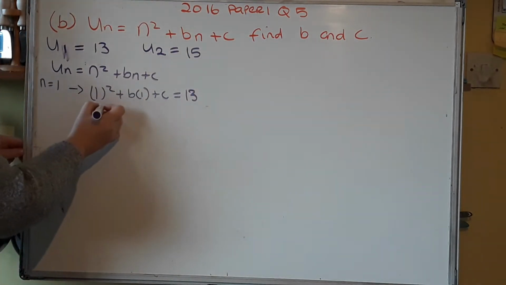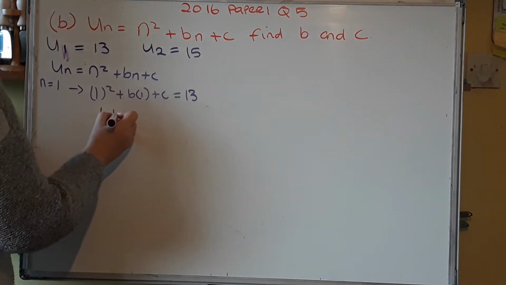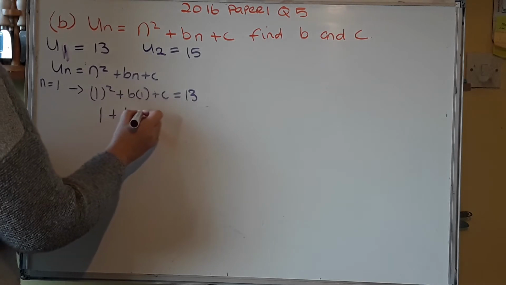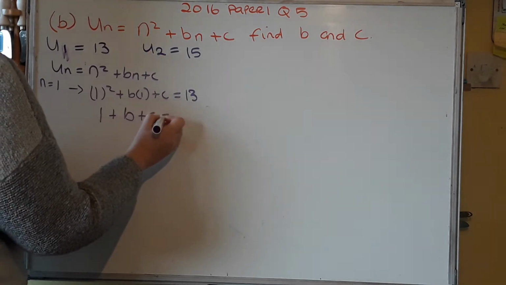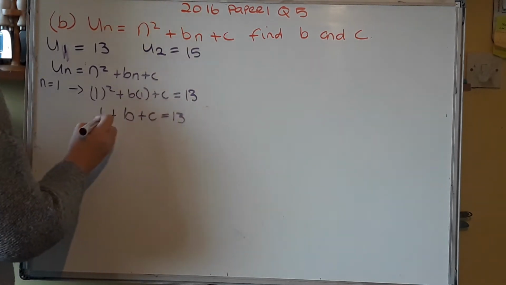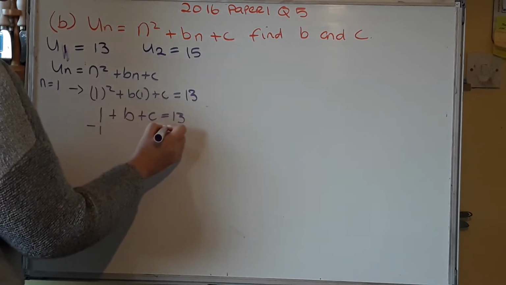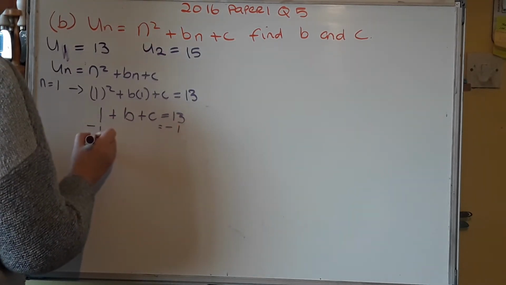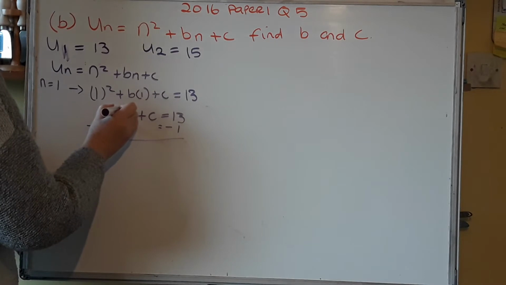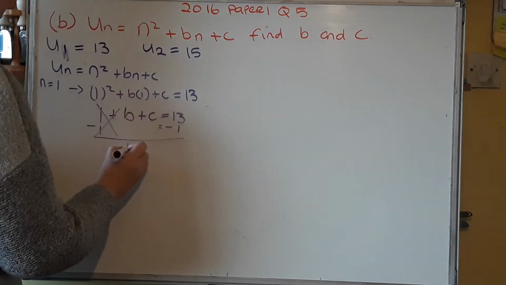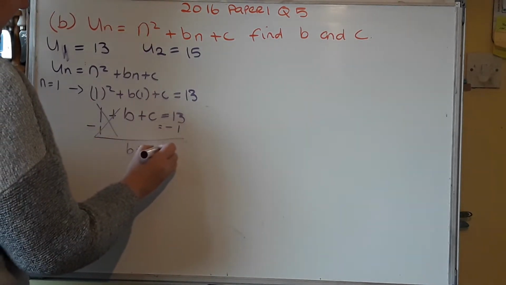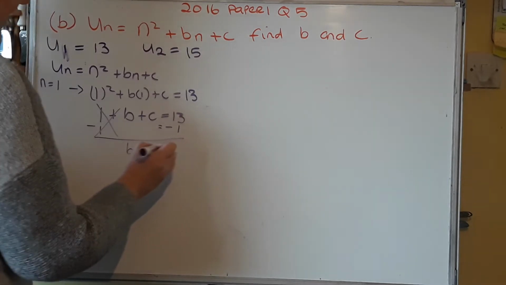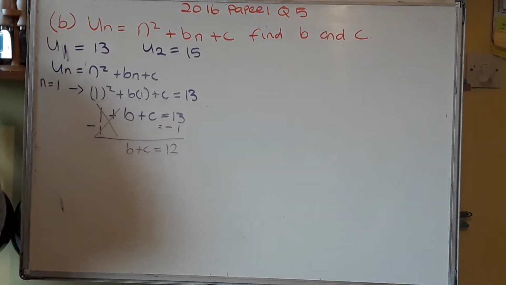So 1 squared is 1, plus b times 1 is just b, plus c equals 13. Now I don't want that 1 there, so I'm going to take it away. Whatever you do to one side of the equals, you always have to do to the other side. So you're left with b plus c equals 12. So that's our first equation.